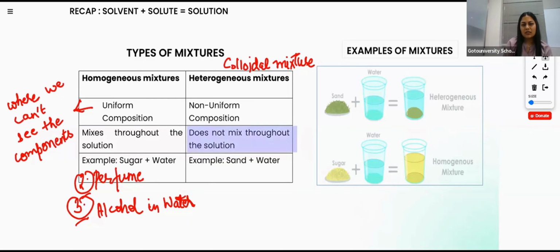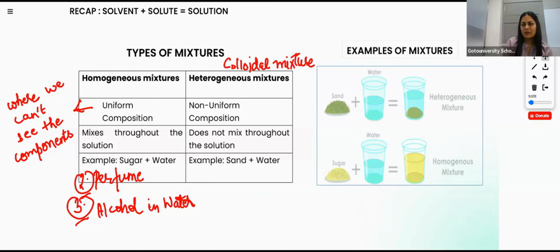The components do not get mixed throughout the solution and they can be seen easily. So any mixture through which we can't see is called a heterogeneous mixture, and a clear mixture is a homogeneous mixture, right?